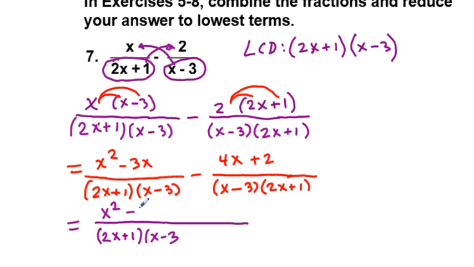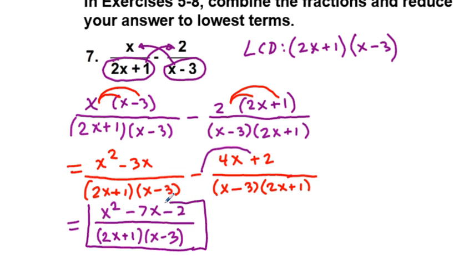So we're going to have minus 7x. And then we just have this plus 2, which is actually going to be minus 2 because this minus distributes to that plus here. So we have minus 2. So this is going to be our single fraction reduced to our lowest terms. Oops, I forgot that. Close the parentheses in the denominator. There we go.